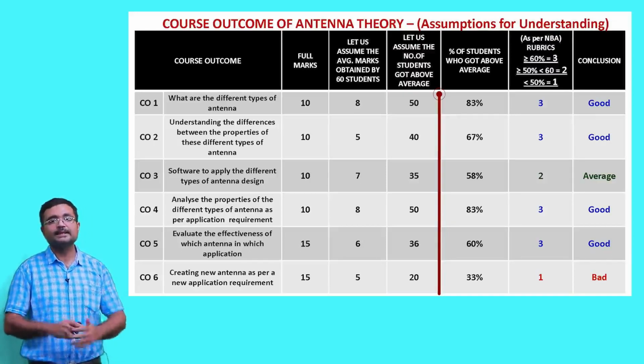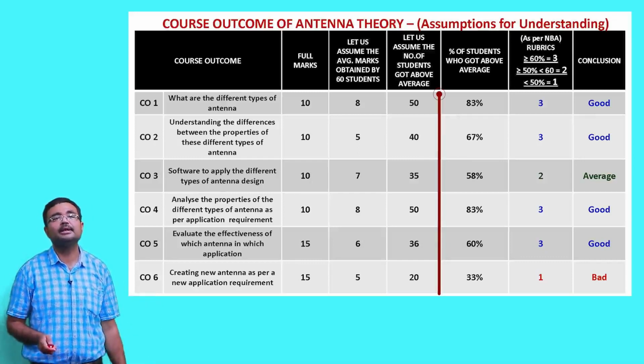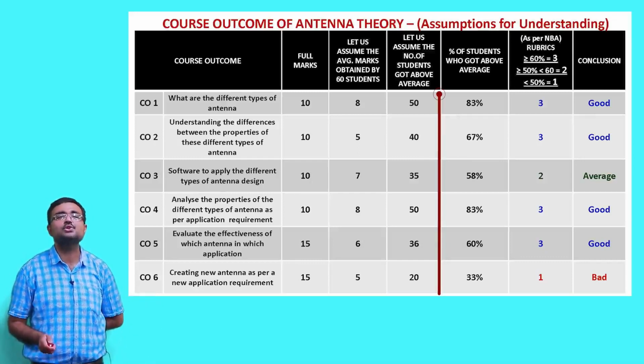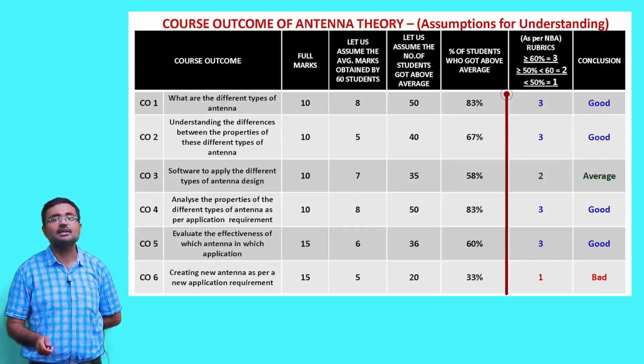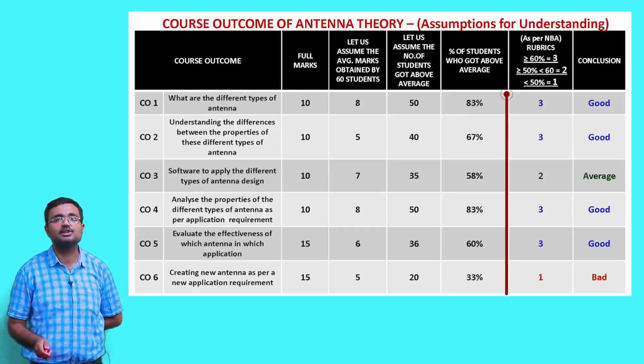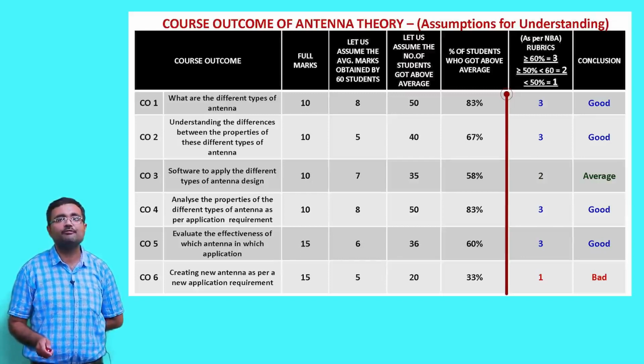Then how will we calculate the attainment? We will see the percentage of students who have got above this average. 50 out of 60 students have got above average, 83% students have got above average marks in CO1. 40 out of 60 students, 67% students have got above average marks in CO2. 35 out of 60, that is 58% students have got above average marks in CO3. 50 out of 60, 83% students have got above average marks in CO4.